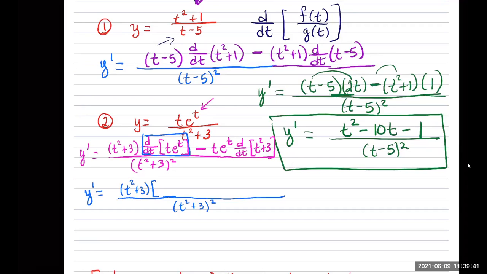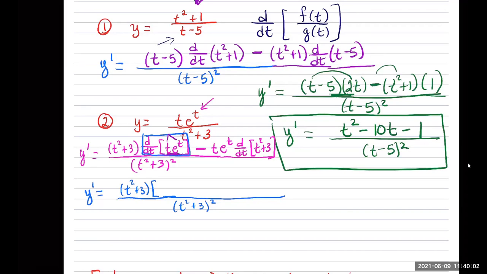Do you see that's two different functions multiplied together? And anytime we have two functions multiplied together and we're going to take the derivative, we have to use the product rule. So in the middle of this quotient rule problem, we're going to have to use the product rule, but that's okay. We know how to do that.